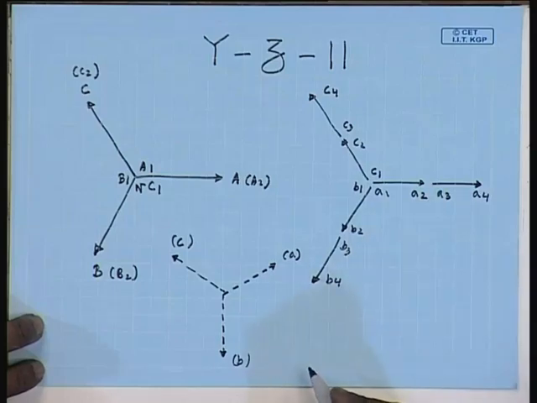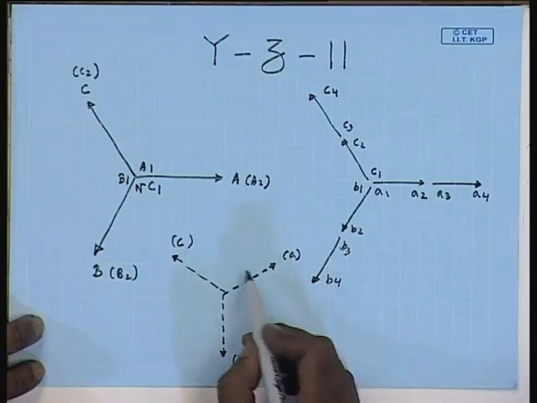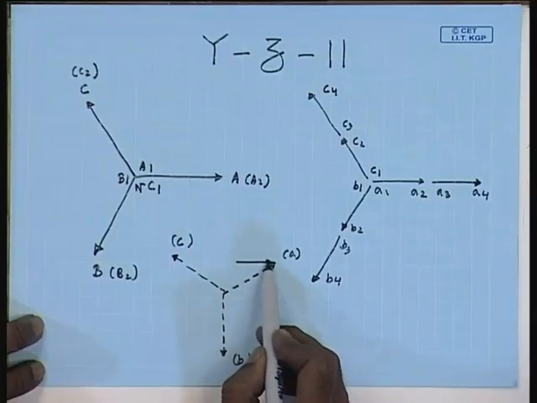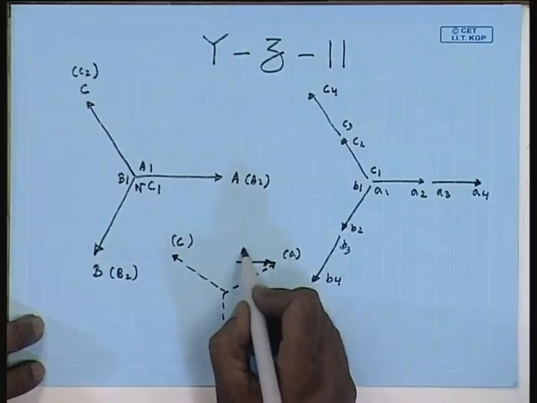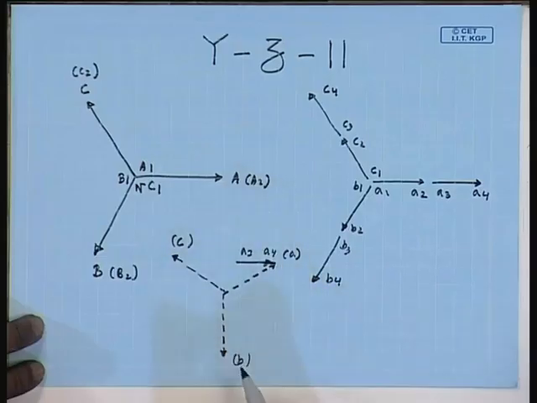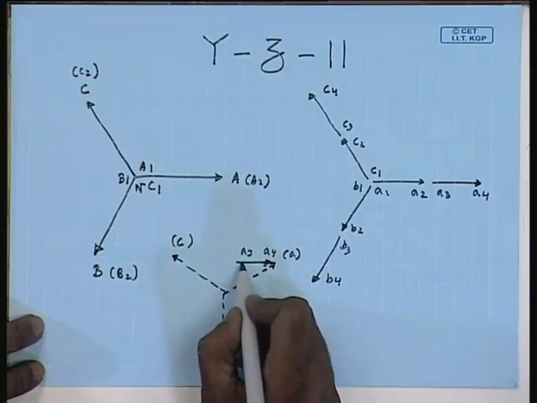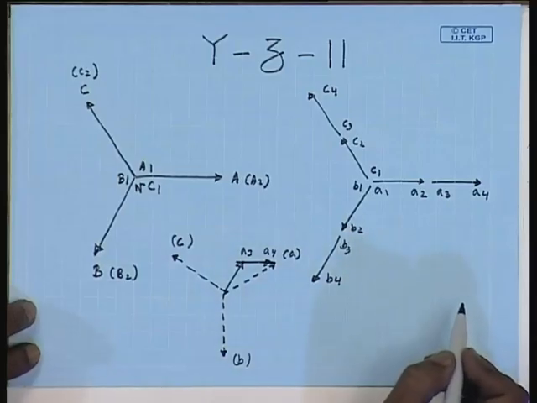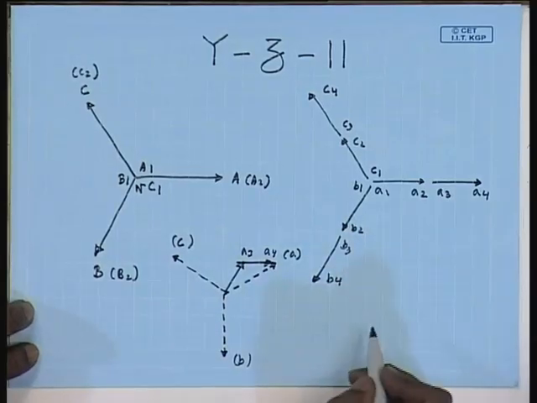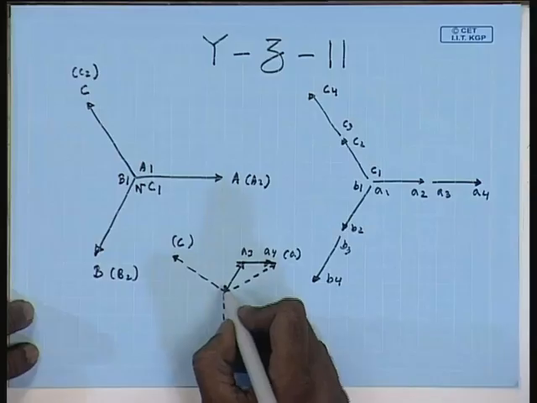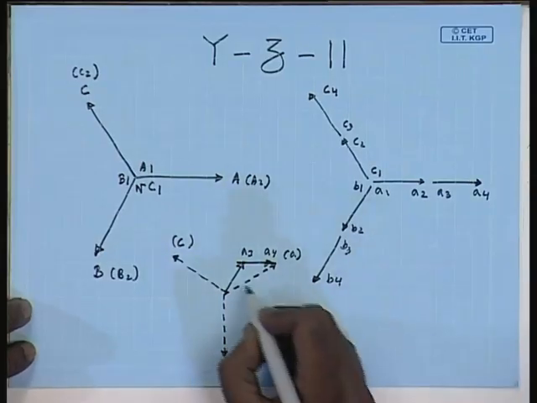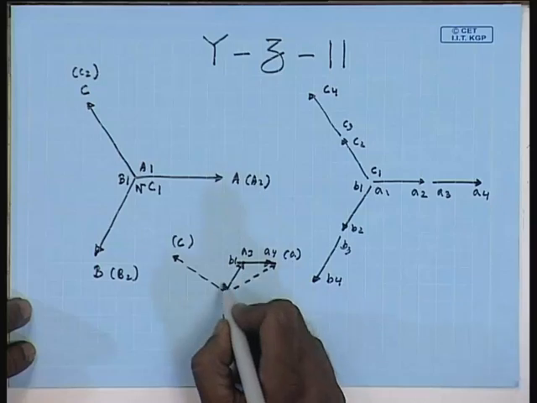So, this should be A3, A4, hence this phasor can only be B2, B1, this is B1, this is B2.